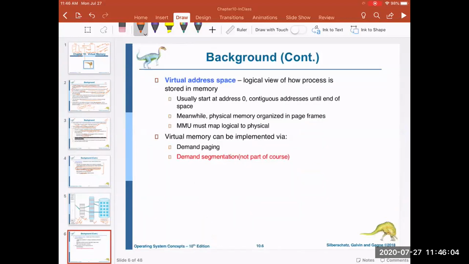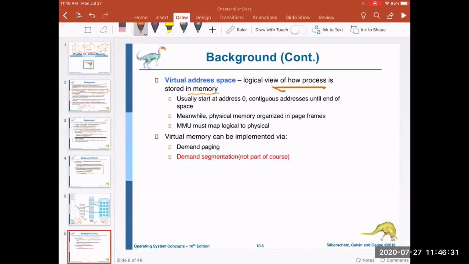So just a recap, the virtual address space is a logical view of how the process is stored inside memory. Your brain should map it and visualize that there are two address spaces. One is how the CPU or the developer sees it, and the other is how it is actually stored in the physical memory.